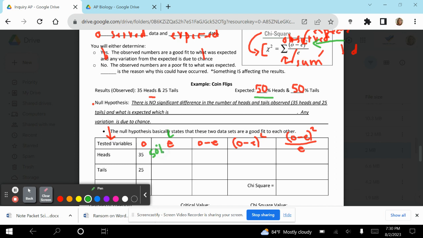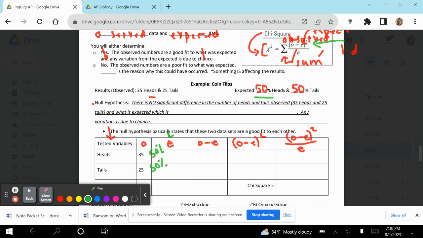So I'm going to write 50% in the corner, and we're expecting 50% to be tails. Now, it's not always going to be 50% when we do a chi-square problem. It could be 25 each time, or maybe we're expecting 25, then 50 and 25 of three different categories. Okay, so it's not always 50%. But I'd like to write that percent in the corner.